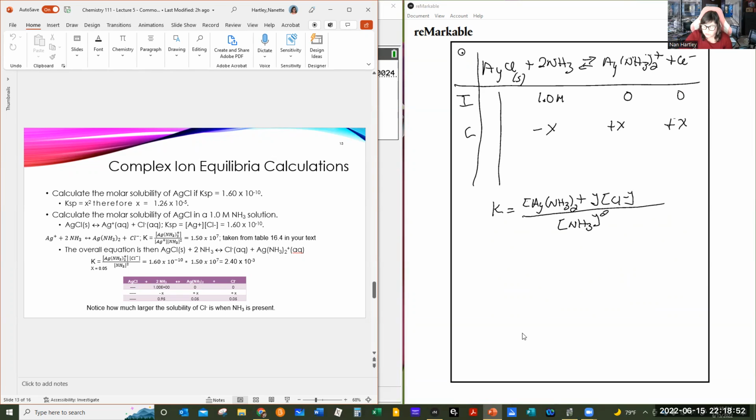That's going to be equal to the 2.4 times 10 to the minus 3. That means that we're going to have our 2.4 times 10 to the minus 3 times the 1.0 molar equal to the X squared, because I have an X for this and an X for this. Therefore, we're going to take the square root of that.